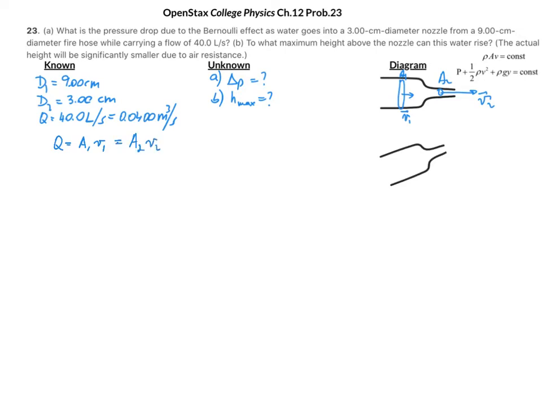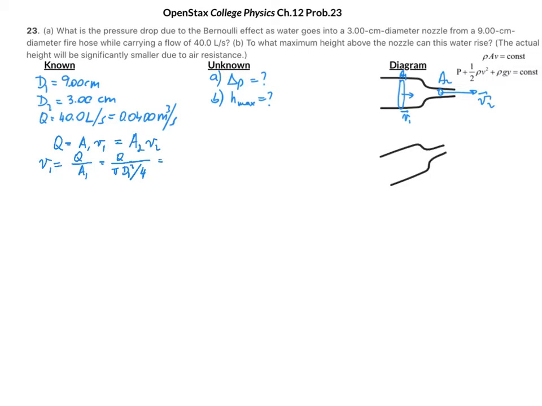From that, I can figure out that V1 is Q divided by A1. So that is Q divided by pi D1 squared divided by 4. We're not given the radius, we're given the diameter.